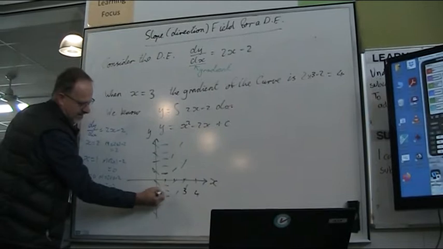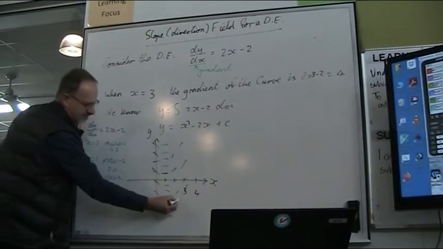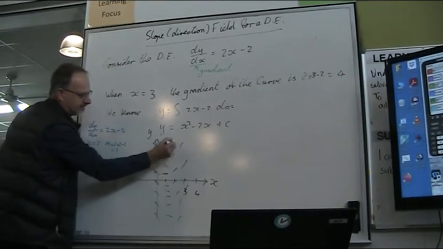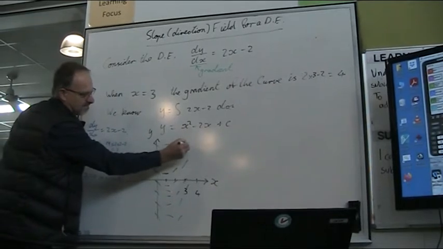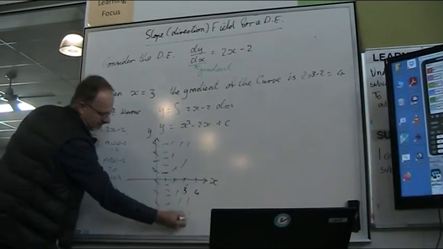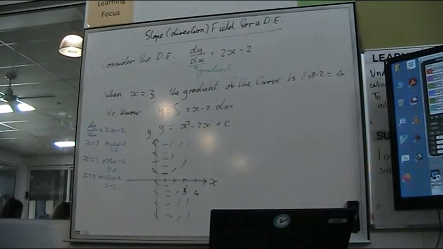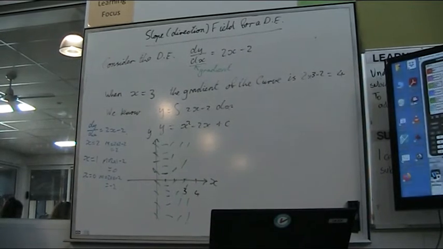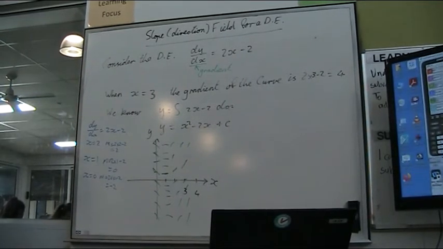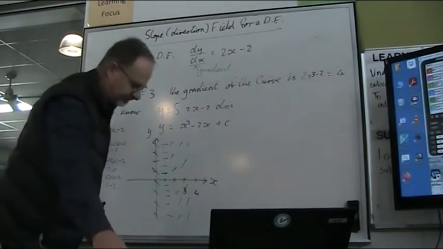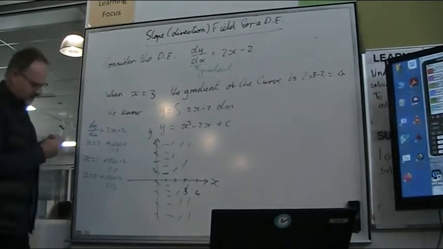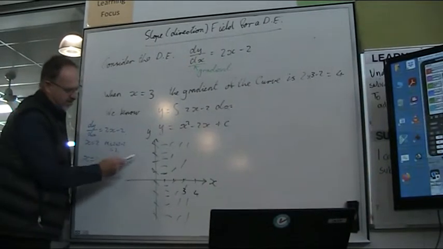Alright, so there's lots of them you can stick in. Keep sticking them in. You end up with all of this, with all of these lines. So what you've got to do is kind of visualise what's going on with it. So direction, slope, field, you kind of go, oh, what's going on here?